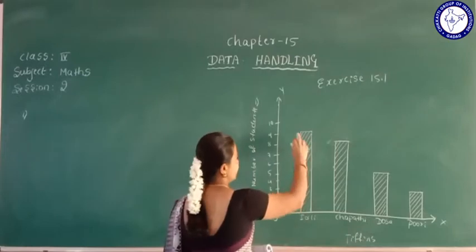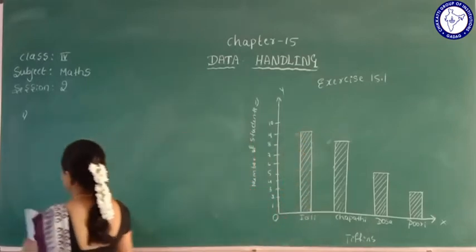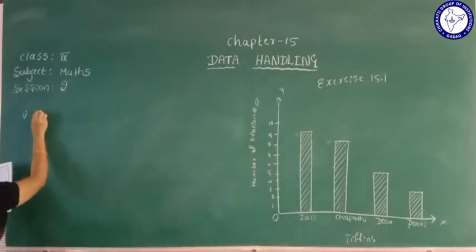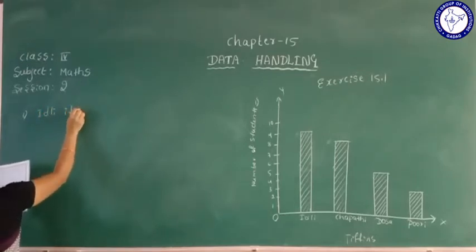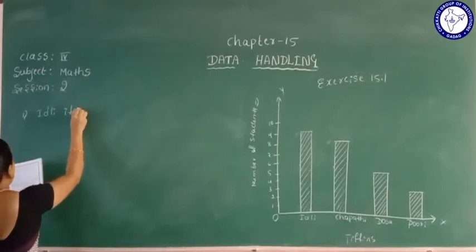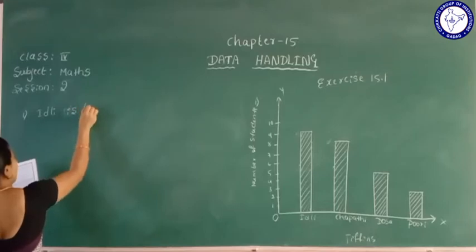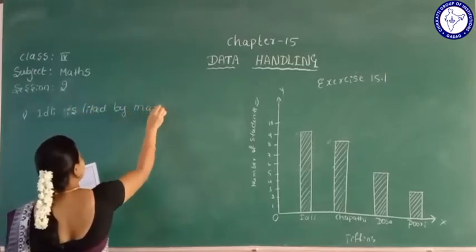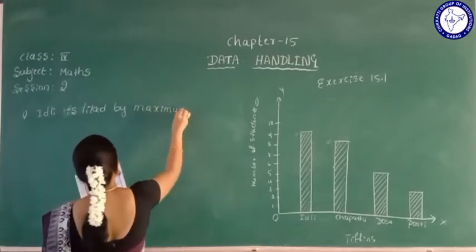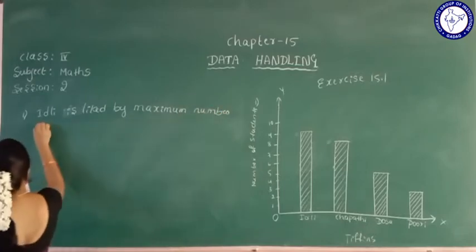The highest point is 9, so it means idli is the food item liked. Idli is liked by the maximum number of students.